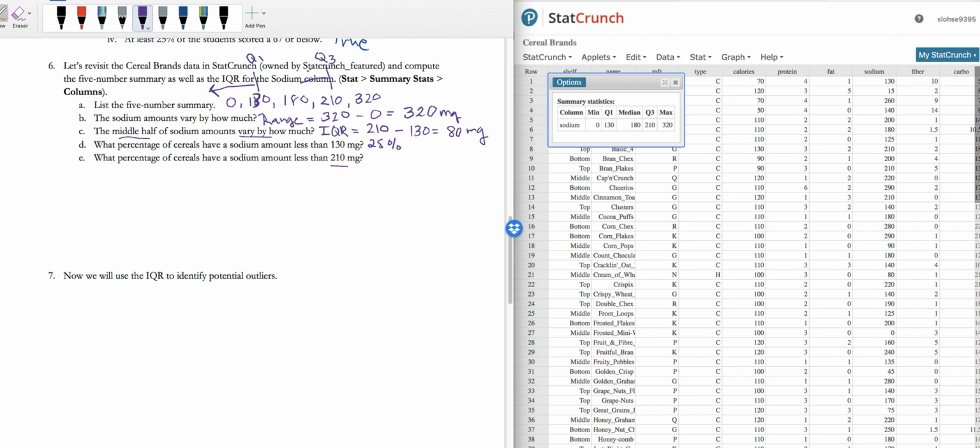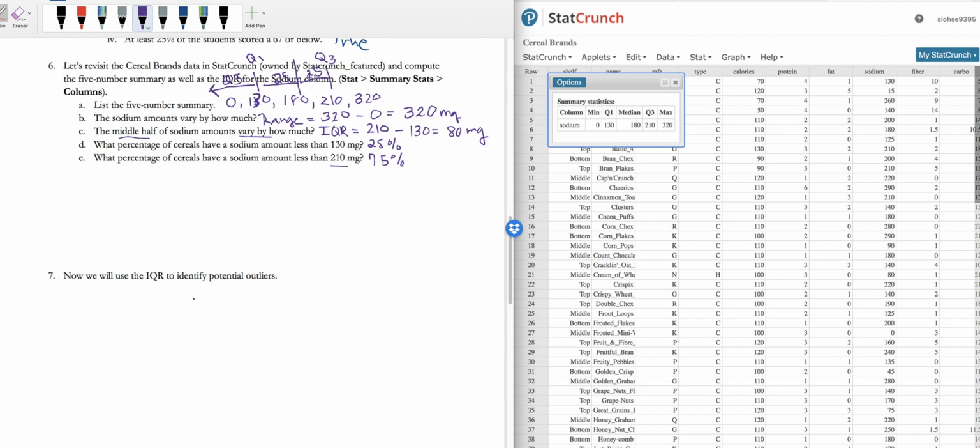So we know there is 25% of our data to get back to the median of 180, another 25% of our data to get back to Q1, and then the bottom 25% of our data to get back to the min. So that is a total of 75% of our data.